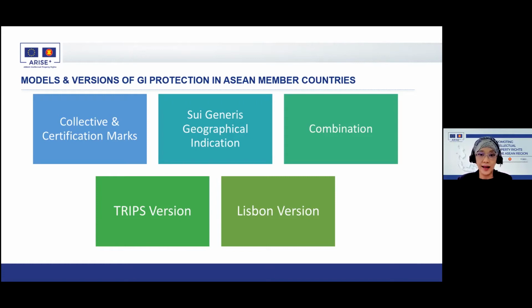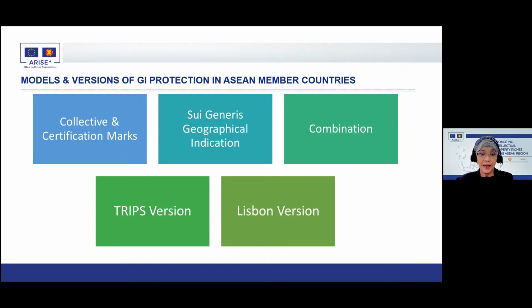So that's why, because all ASEAN member countries have been members of the TRIPS agreement, we are actually free to decide at our domestic or national level the best legal means for our country.